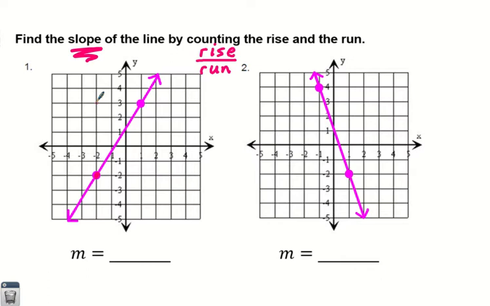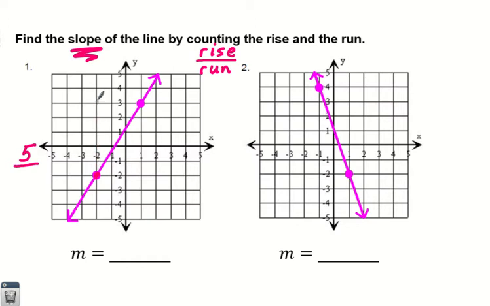So that's how much I have to rise in order to eventually get to that point. So once again, you start counting like this, which is 1 square, 2, 3, 4, 5. So my rise was up 5. That's a positive 5.